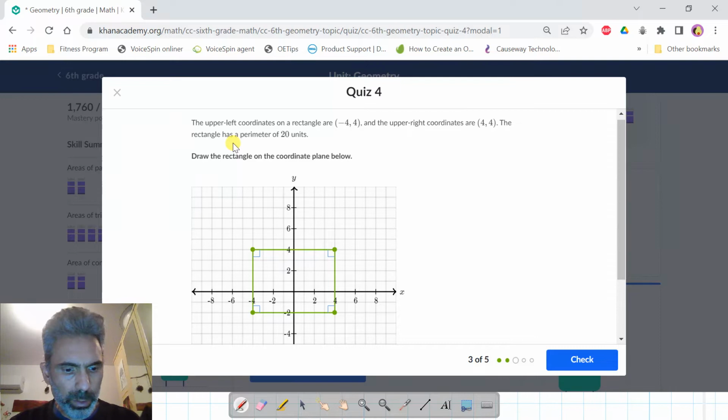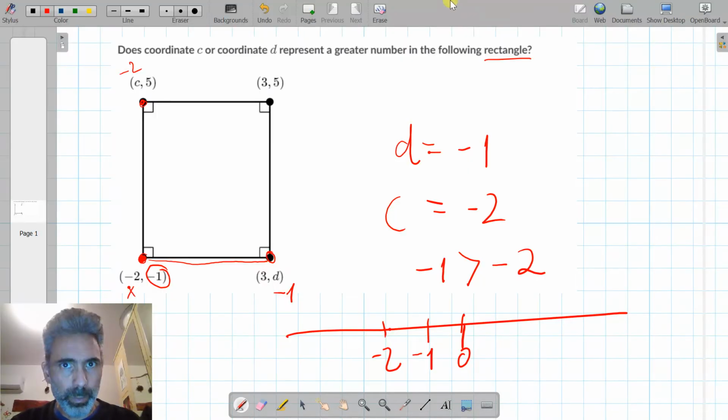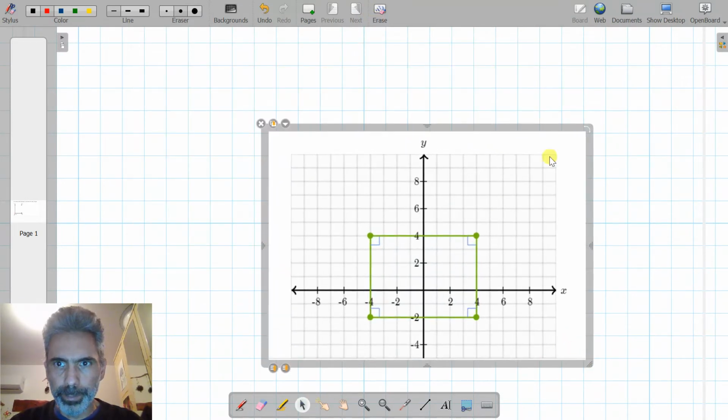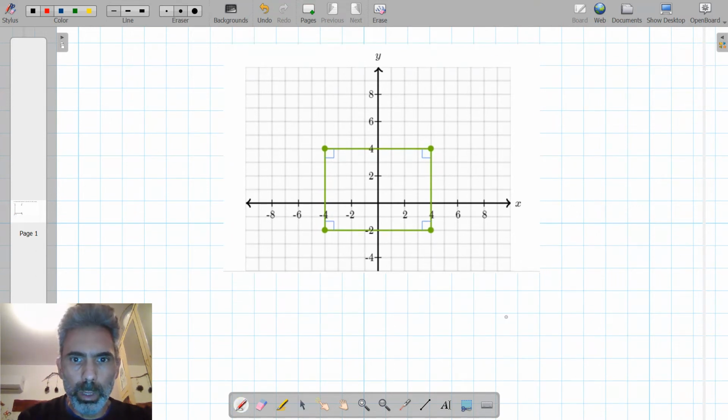Okay, so let me just copy this to the board so I can draw on it. Okay, so we know that this is the 0, so the distance from the 0 to the x value of this point is -4, and the distance to the right, this is -4, and this is 4.